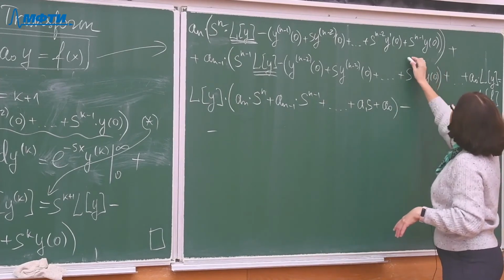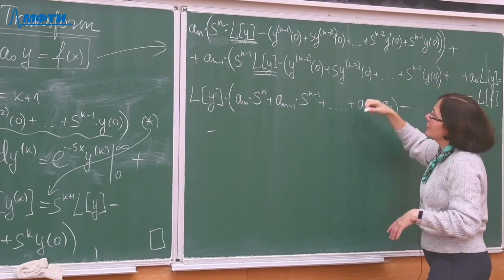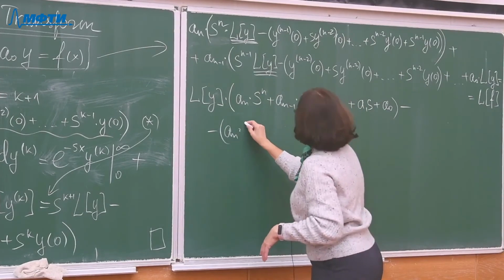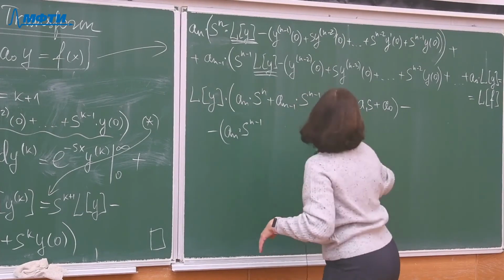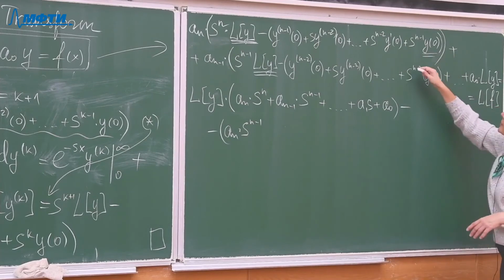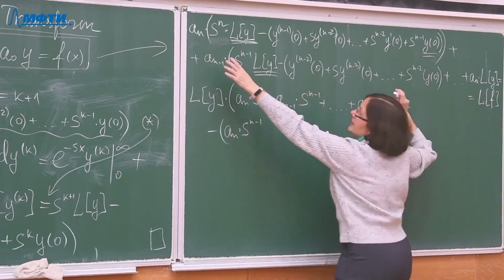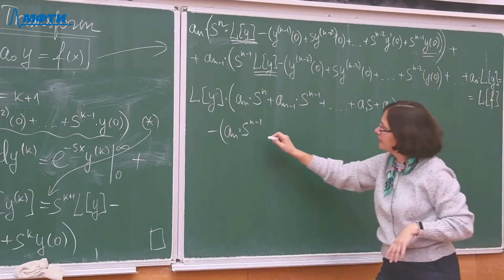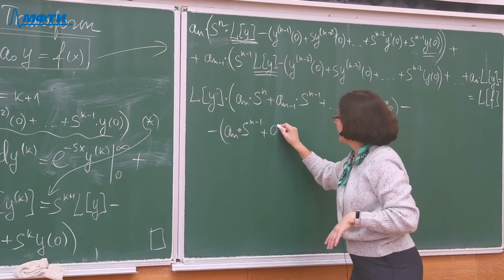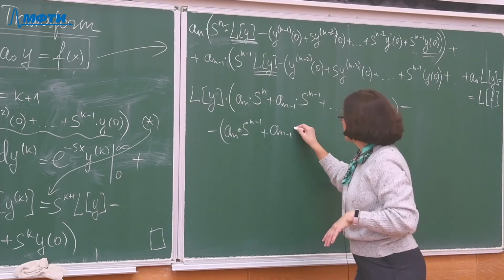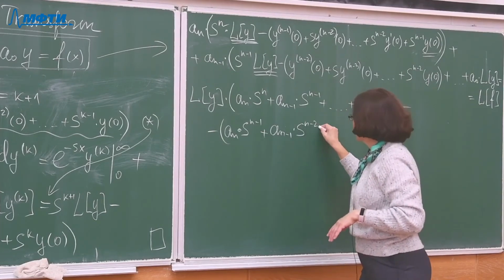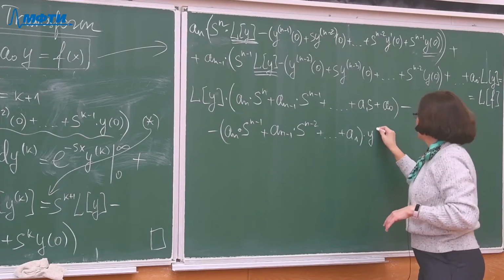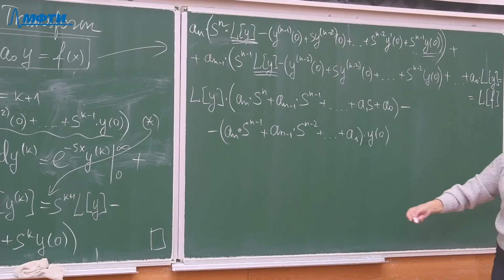Usually we start with y(0), so y(0) is multiplied by a_n s^{n-1} plus a_{n-1} s^{n-2}.